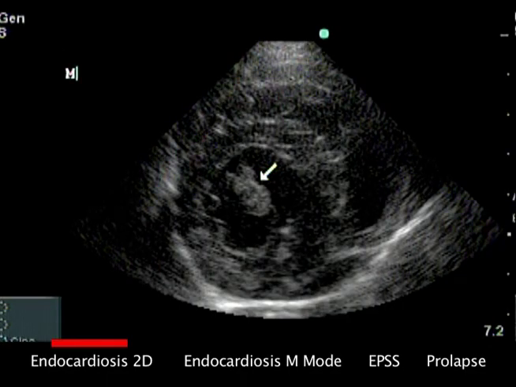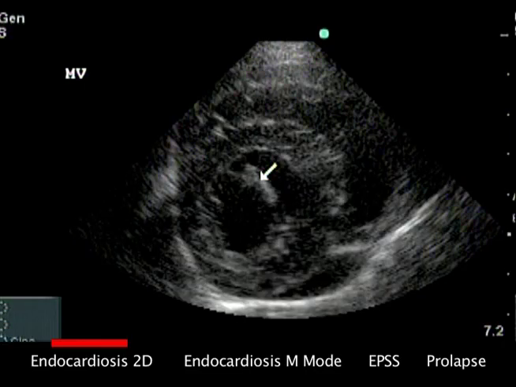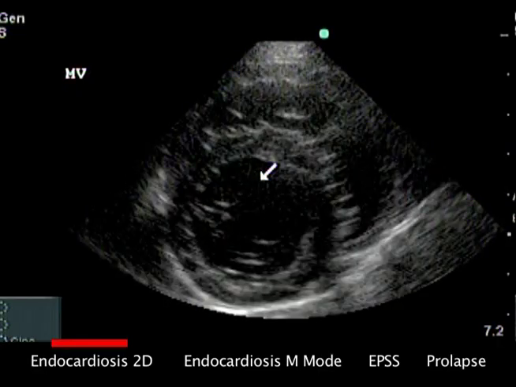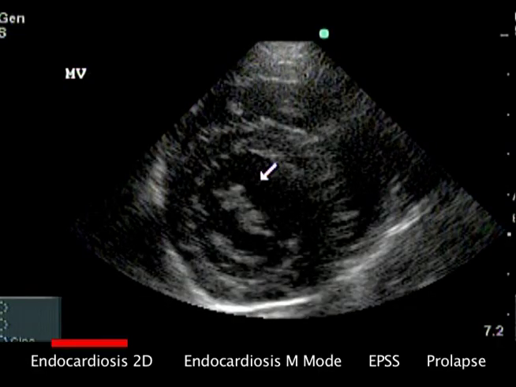Endocardiosis of the mitral and tricuspid valves is characterized by an accumulation of glycosaminoglycans, a myxomatous proliferation, and fibrosis of the valve leaflets and chordae tendineae, leading to valvular regurgitation and eventually congestive heart failure.